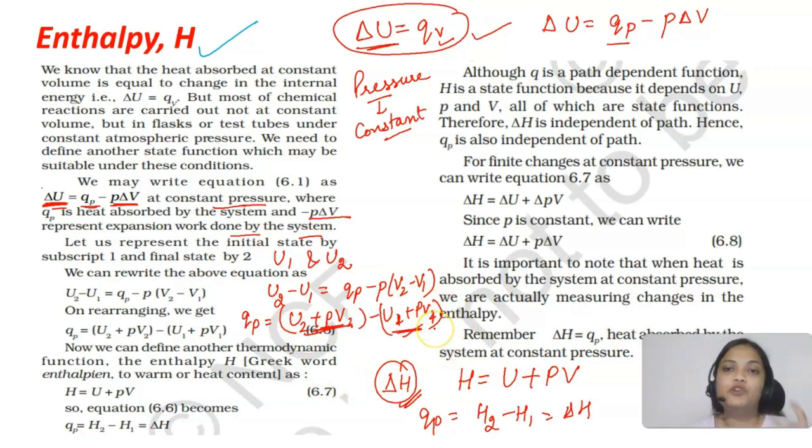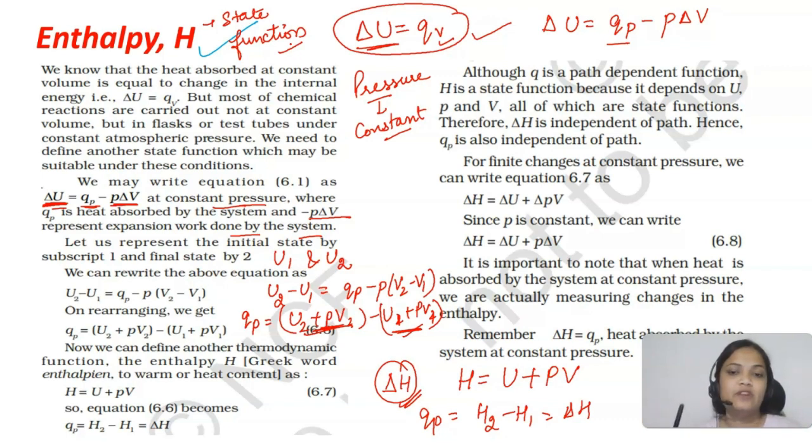Now you know that heat Q is a path dependent function, but enthalpy is a state function. So you need to know which property is a state function and which is a path function. Why? Because enthalpy depends on U and PV, all of which are state functions: internal energy, pressure and volume.